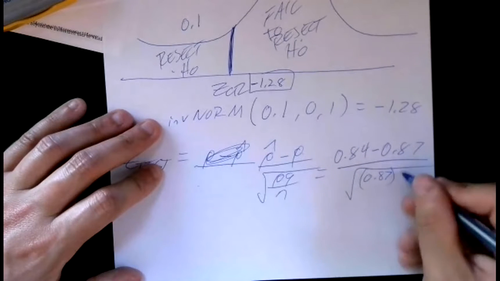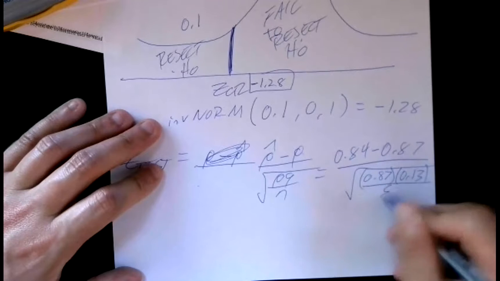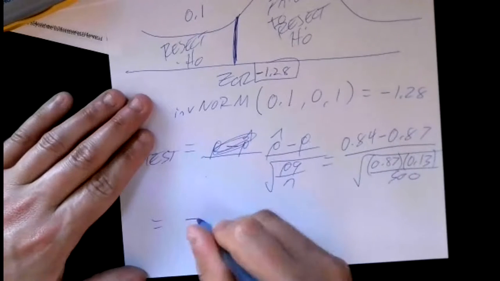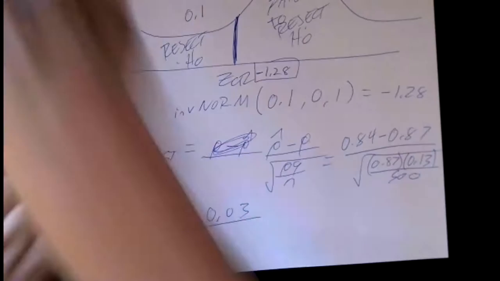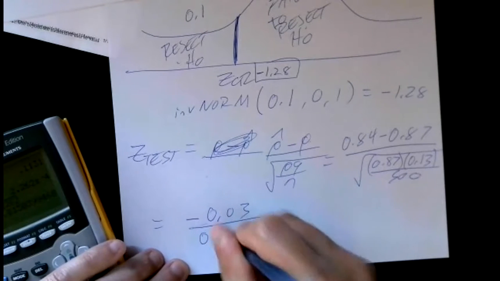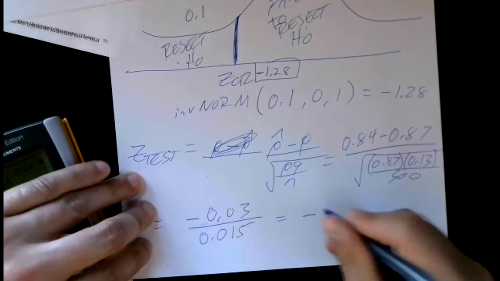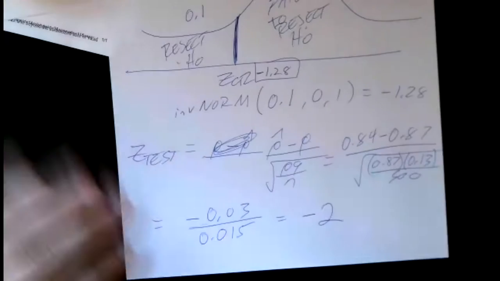Q is 1 minus p, which is 0.13, over 500. Negative 2. Nice whole number there.